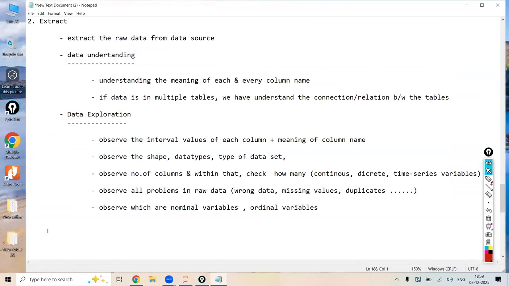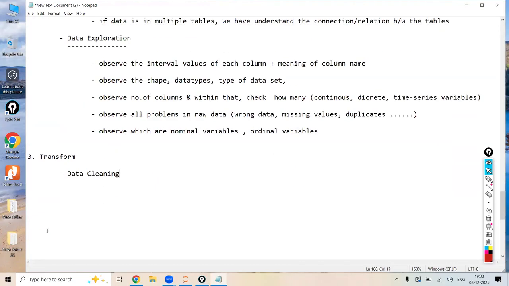After that, the third step is transform. Within the transform stage, the first one is called data cleaning. In data cleaning, you are going to clean the data. What are we going to clean?